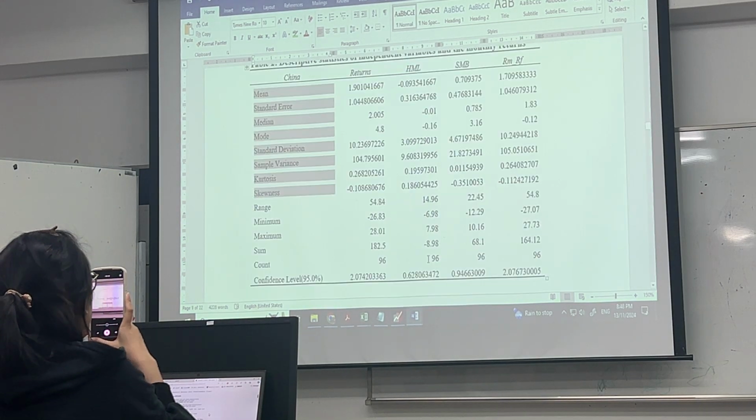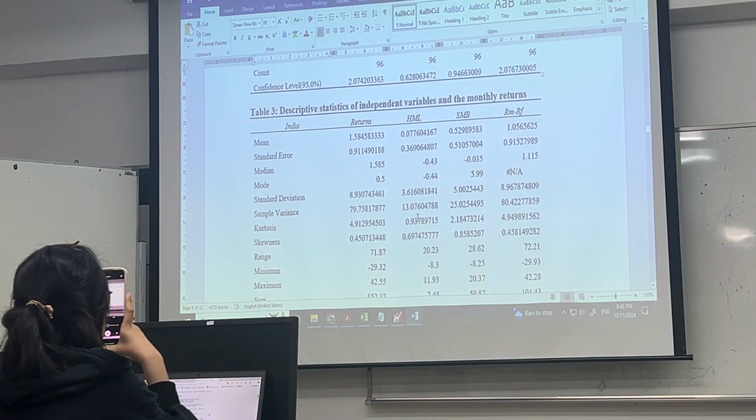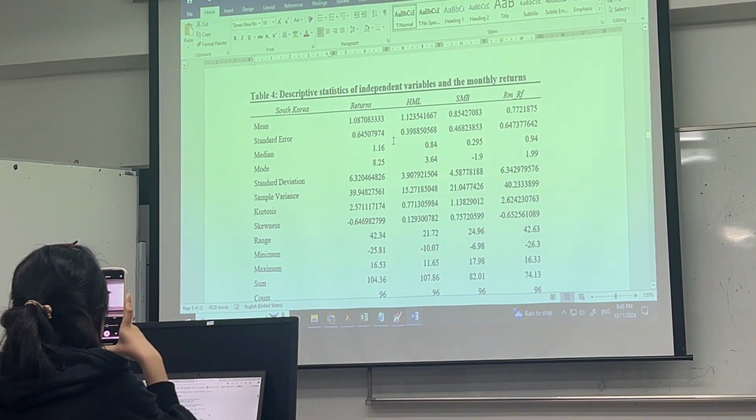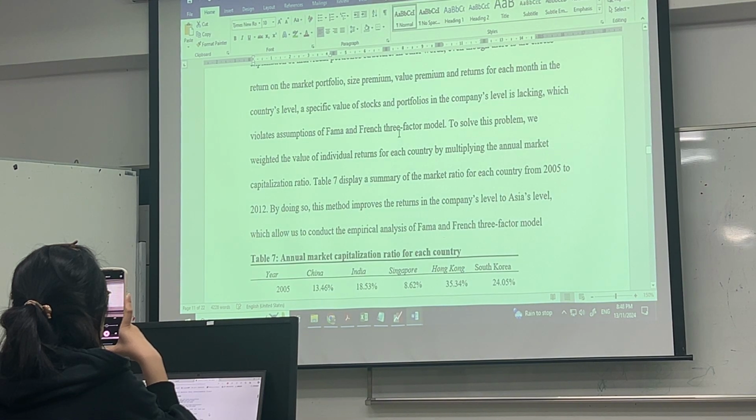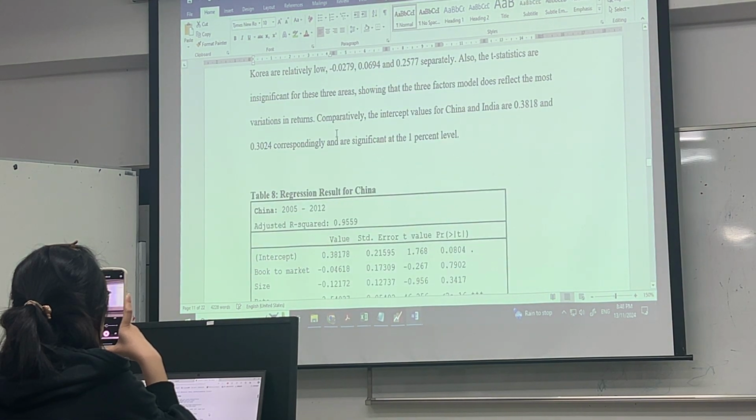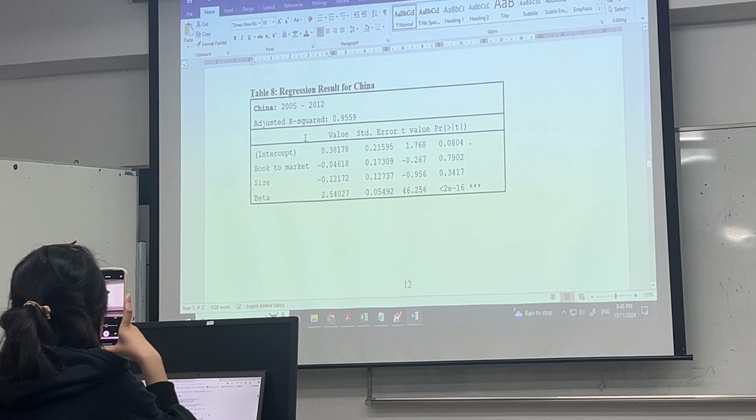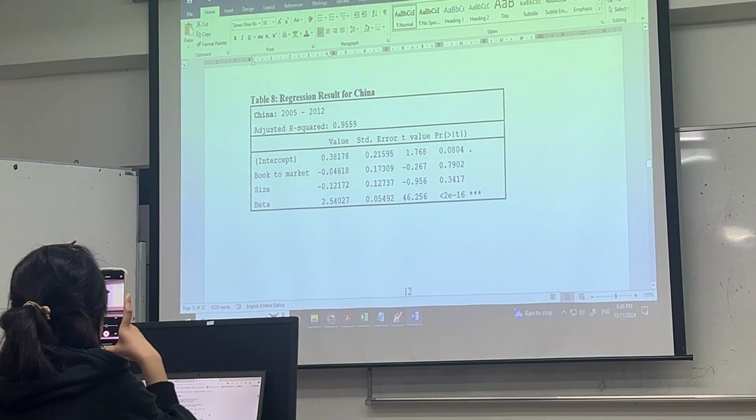Okay. So what else do they report? You can also report the regression, like what you did just now, the regression for the China case. So I have two only, book to market, and then size, and also the intercept, right? And also the beta. I'm not sure what the beta is for, right?